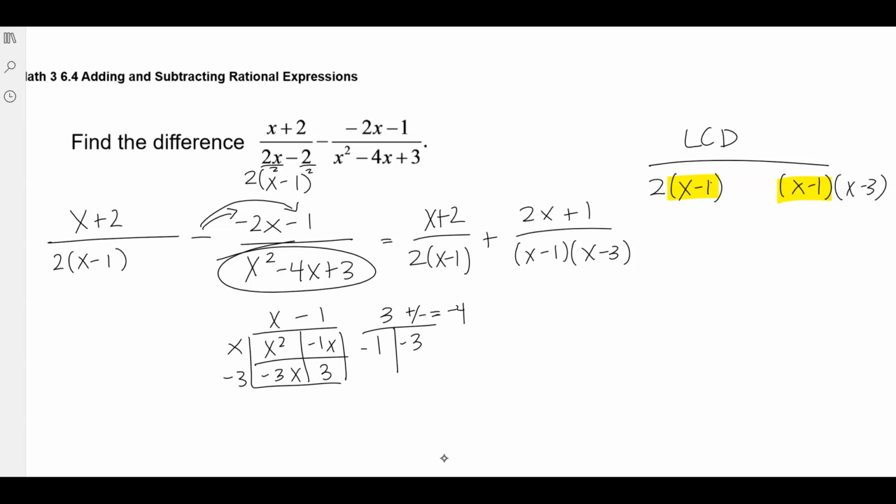So that means we only need to multiply by an x minus 3 and by a 2. So it'd be 2 times x minus 1, x minus 3. So this one is missing the x minus 3, and then this one is missing the 2.